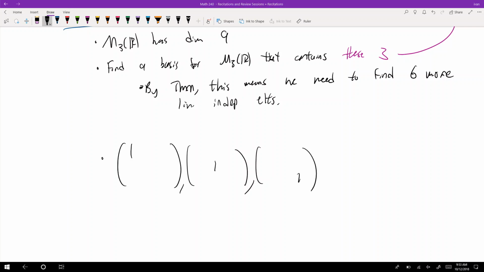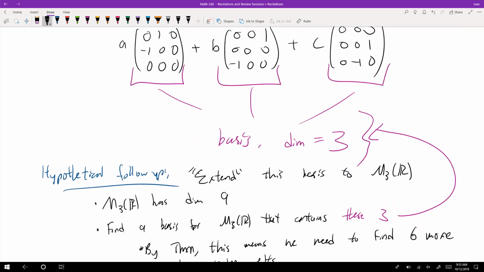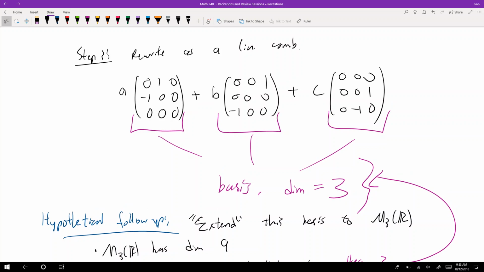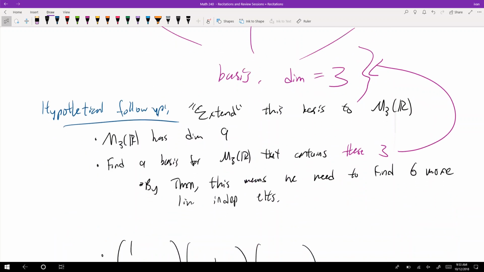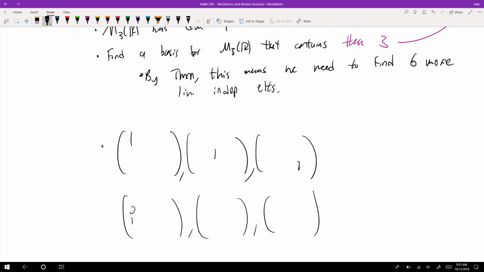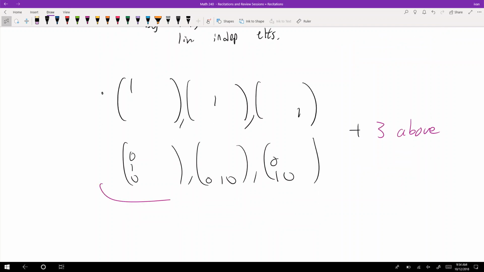And for the other 3, just look up here at where you have the negative 1s and make those a positive 1. So you can have it here, here, and I think here as well. And then plus the 3 above. And this is a basis for M3R.